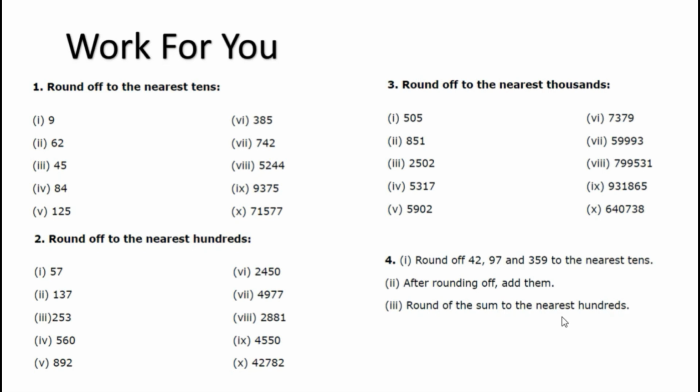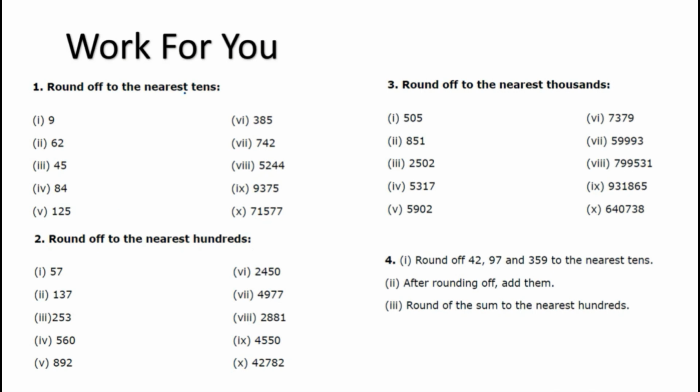The first question was to round off the numbers to the nearest tens. I'll be writing the answers beside these questions. You can cross-check your answers. First one is 9.